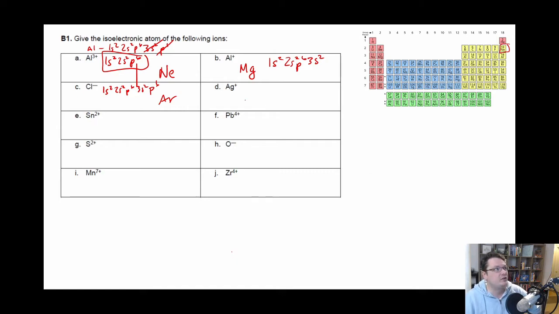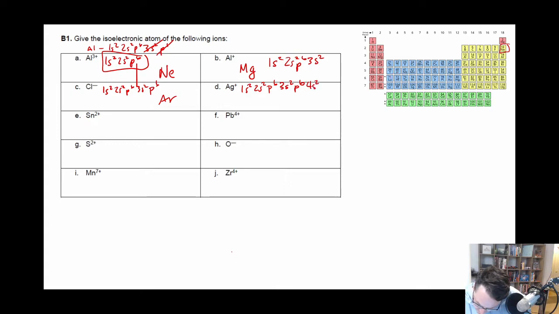Next, we have Ag+ in this case. Let's just do the same thing. We have 1s2, 2s2, 2p6, 3s2, 3p6, 4s2, and we're talking about silver.